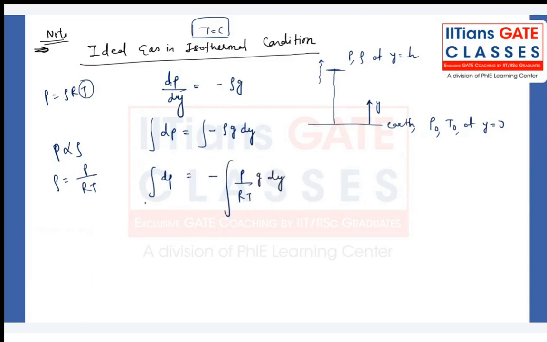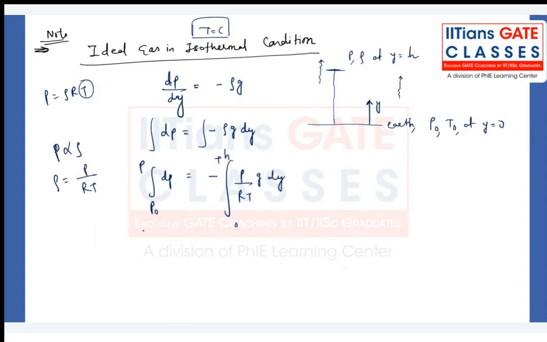If you write this into that equation, the integration goes from p naught to p, and y varies from 0 to positive h. Why positive h? Because we are moving upward, and according to standard sign conventions that is a positive value, right?